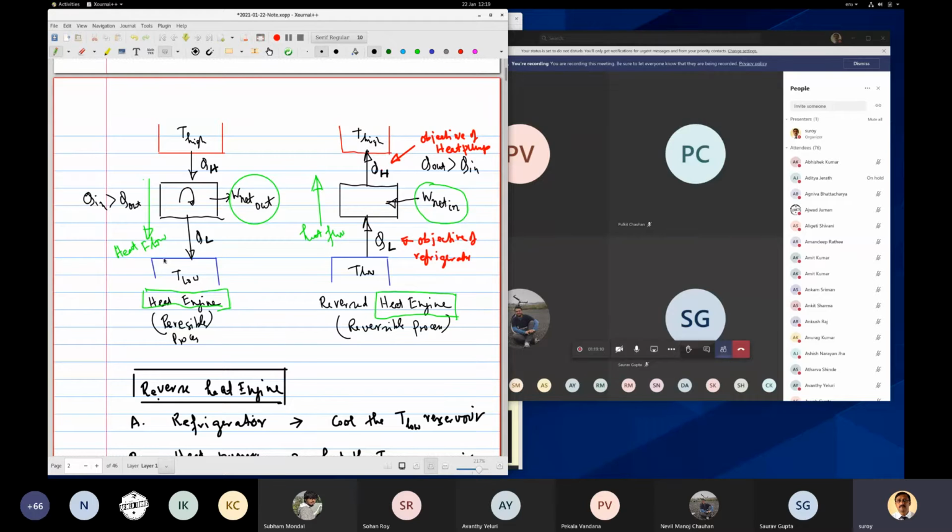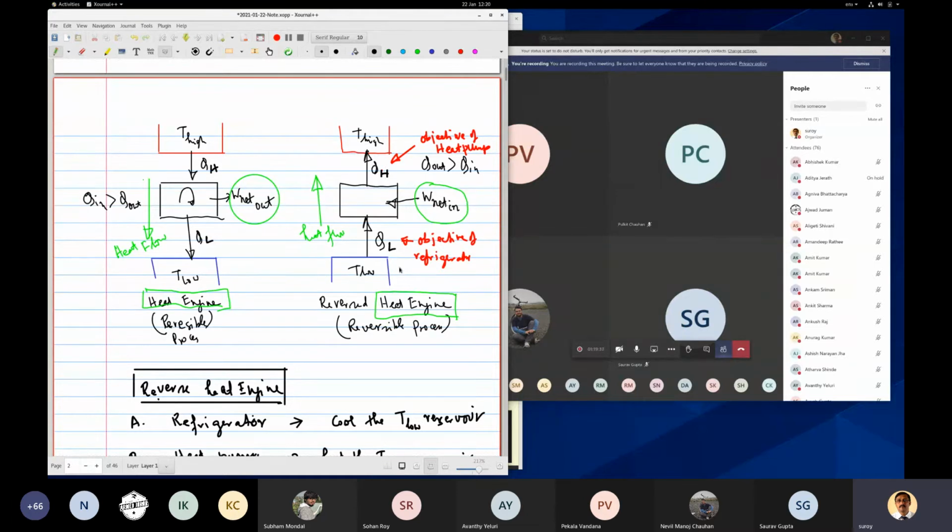In the heat engine, heat flow direction is from higher temperature to lower temperature, and work is output. Here heat flow direction is from the lower temperature to higher temperature, and work in. That is called the reverse heat engine. One of the most common examples is the air conditioner or the refrigerator that you use at home.